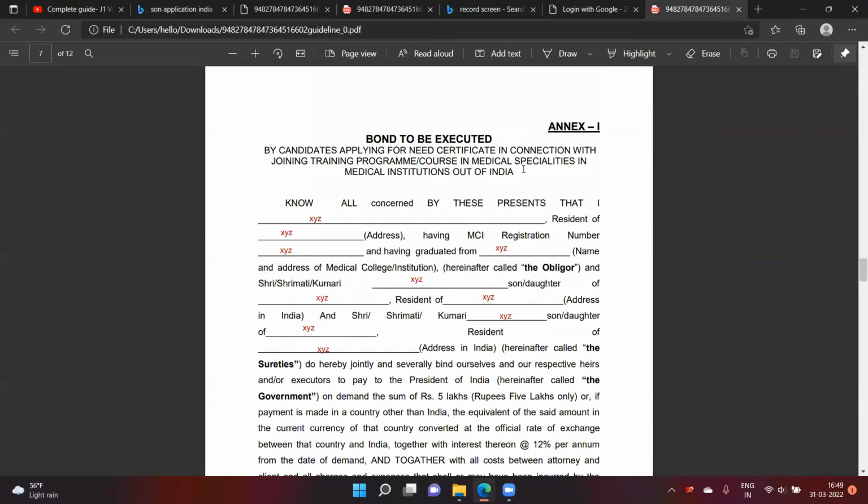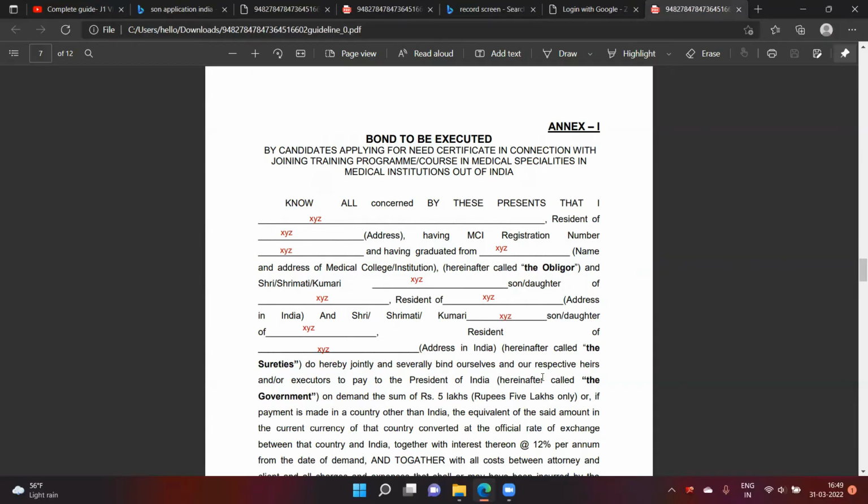So bond to be executed. That I, Akshi Batra, resident of dash dash dash, having MCI number dash dash dash, having graduated from dash dash dash, and I am the obliger. Here you will fill your own name, and then here is the name of the sureties. So P1 of dash and P2 of dash.